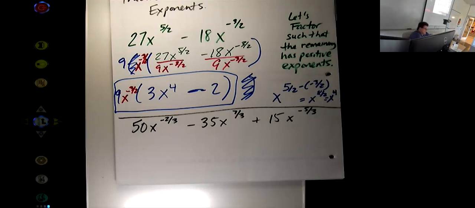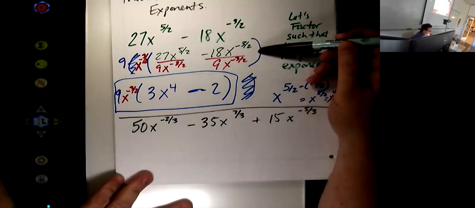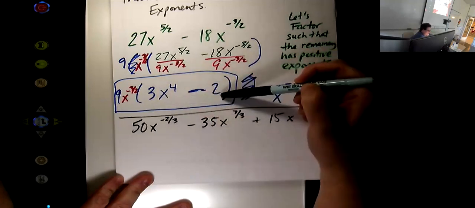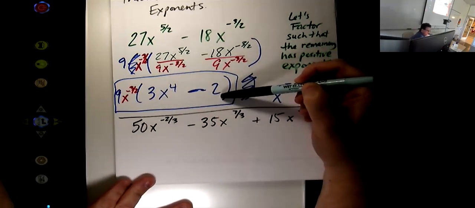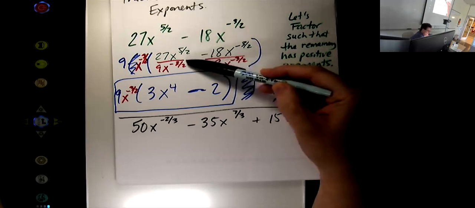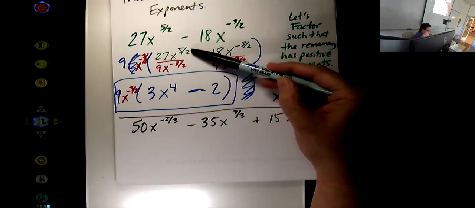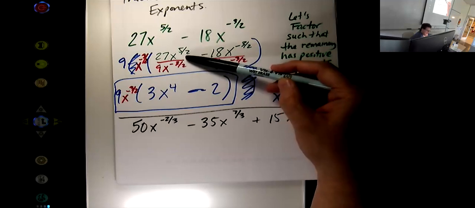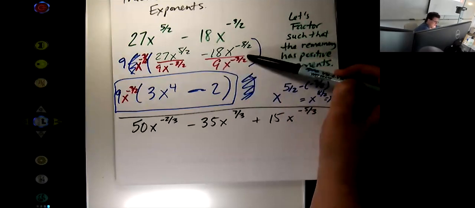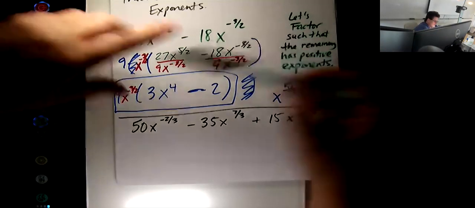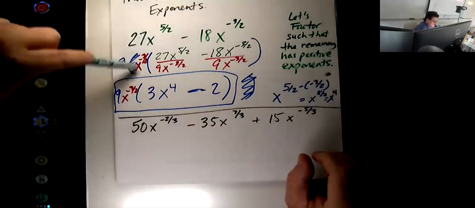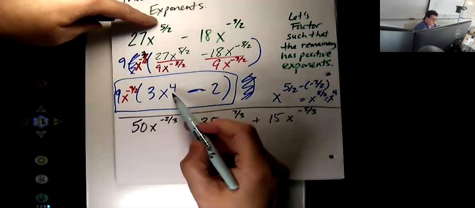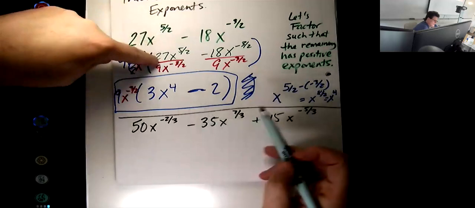Doing this division thing isn't for everybody. Some people can see the numbers, it's easy to get the 3 and the 2 quickly once you get used to factoring. Pulling out exponents when they're not whole numbers is more challenging for some people. And so if you can't go from factoring out -3 halves here, from 5 halves and ending up with x to the 4th power, this is how we would walk through doing it.